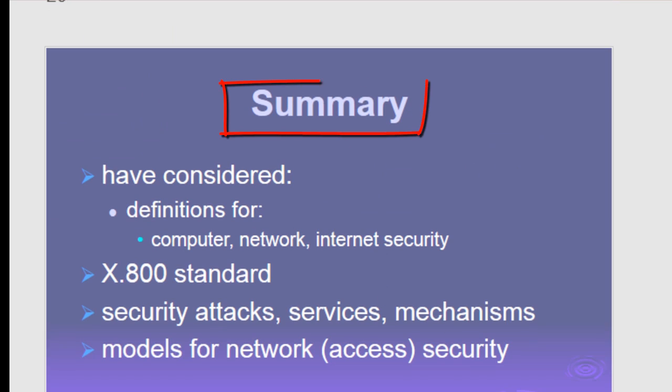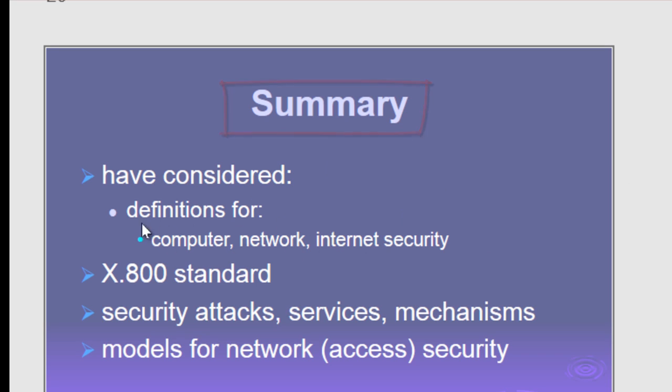And finally the summary. We come to the end of this chapter. In this chapter we initially discussed the definitions of computer security, network security and internet security. We also discussed the X.800 standard for OSI security architecture, security services and security mechanisms.